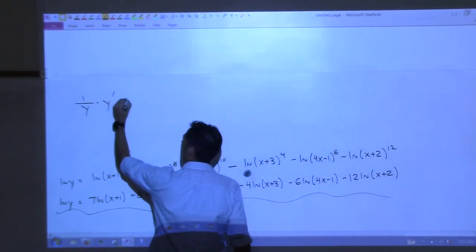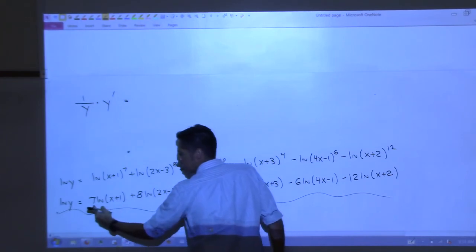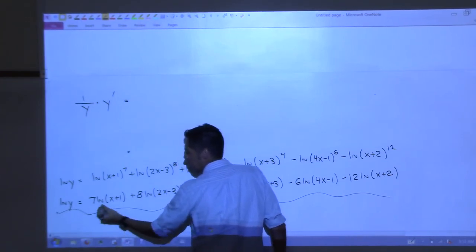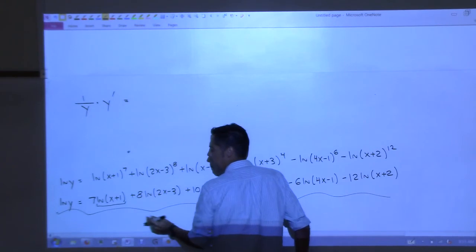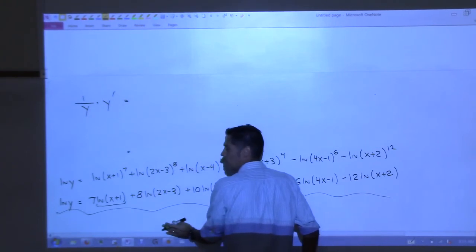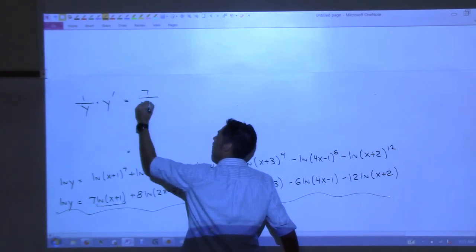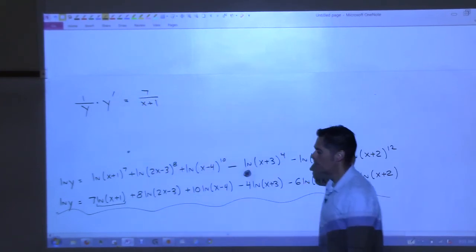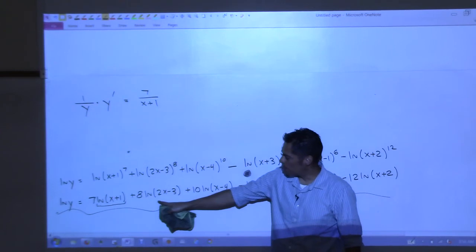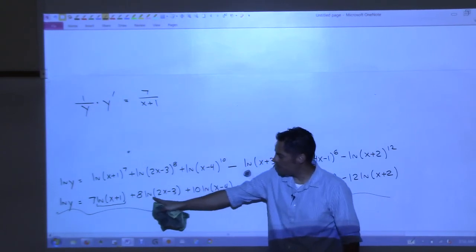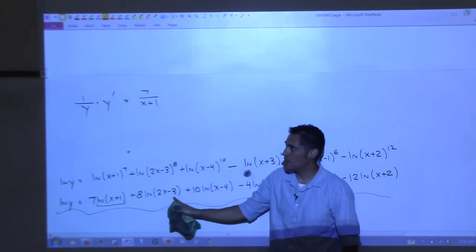On the right side, 7 times the derivative of that. We said the derivative of this is going to be what? 1 over x+1. That's it, right? So it's just going to be 7 over x+1. Okay, be a little careful here. The 8 is going to come for the ride. Derivative of natural log of 2x−3.